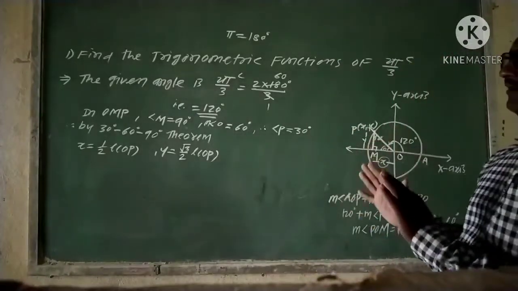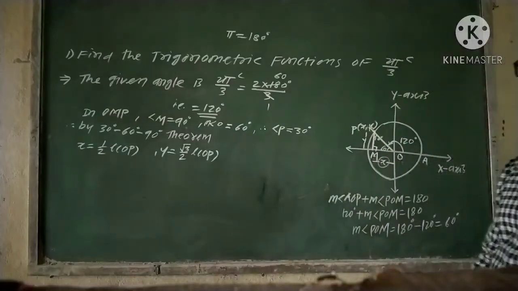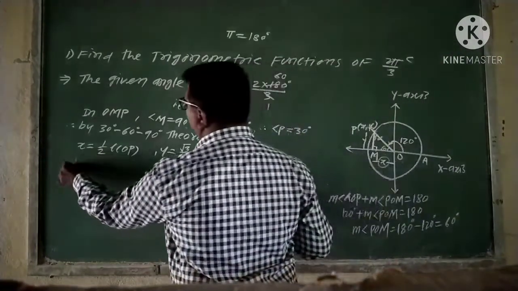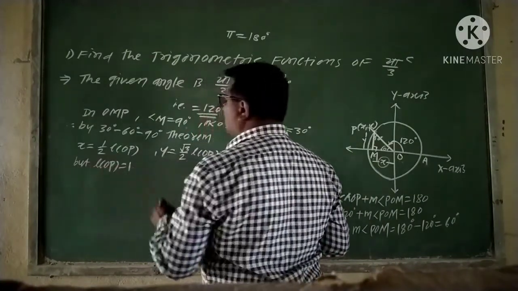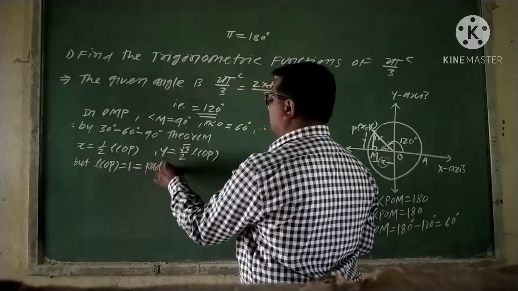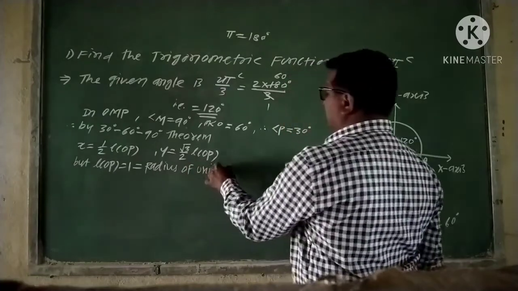In both the terms, the length OP is the radius of the unit circle. The length OP is equal to 1 because it is the radius of the unit circle.